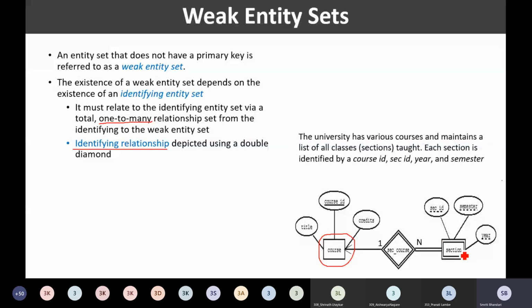So always every entity in the weak entity set must participate in this identifying relationship set, and that is why this participation of weak entity set in the identifying relationship is always total.